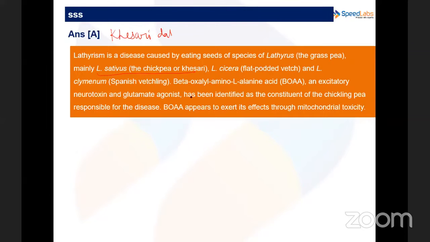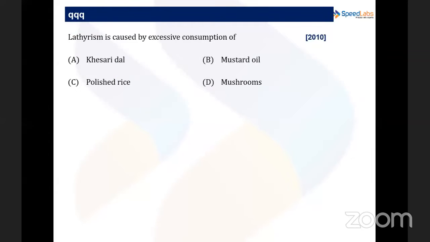Beta-oxalyl amino alanine acid, BOAA in short form, is an excitatory neurotoxin and it is like glutamate, that's why a glutamate agonist. It has been identified as the constituent of kesari dal, that is chickling pea, that is responsible for the disease. BOAA exerts its effects through mitochondrial toxicity. Hence, this is important: lathyrism is caused by the excessive consumption of kesari dal.